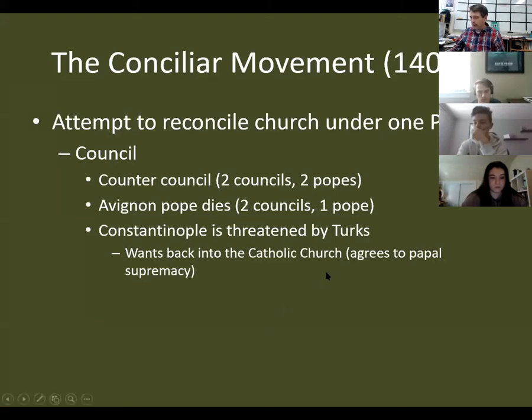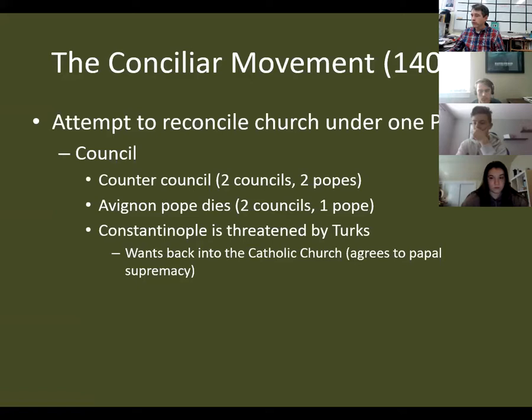And then on top of that, we've got the Eastern Empire, which is shrinking by the day because the Muslim Turks are taking over this town and then that town. And Constantinople itself is threatened by the Muslim Turks. And so there's our opportunity to reunite the entire church, where we don't have a division between Eastern and Western Christians.